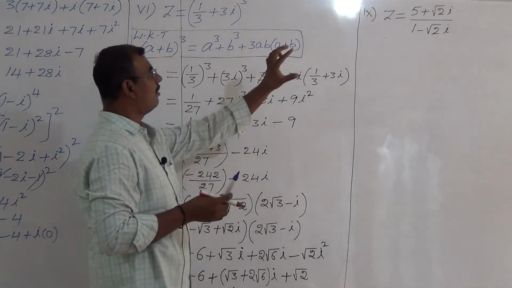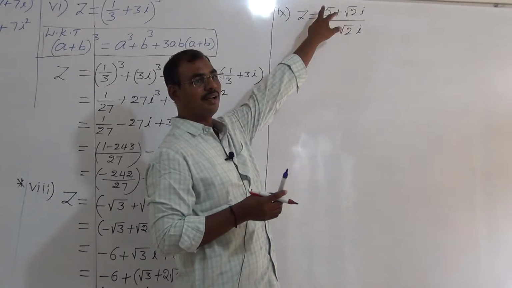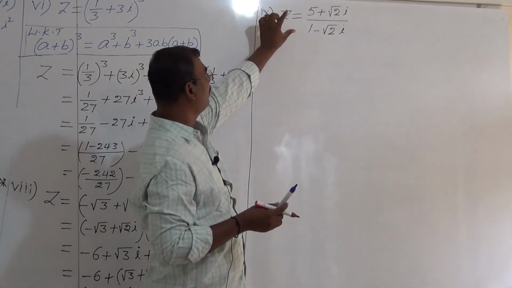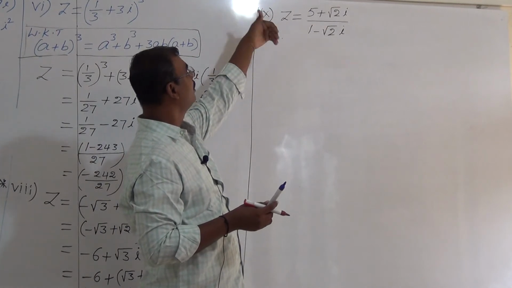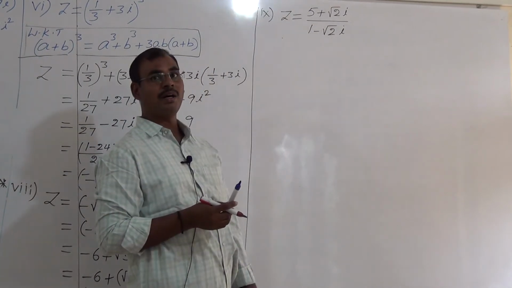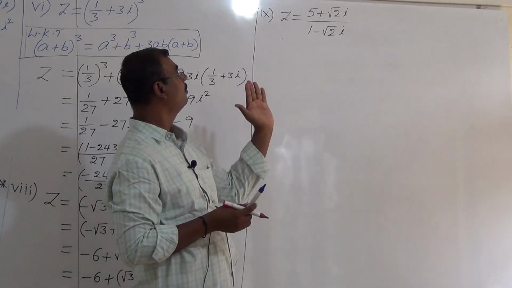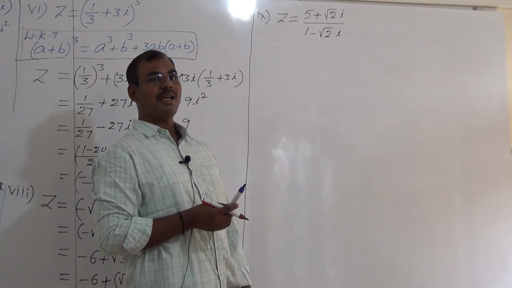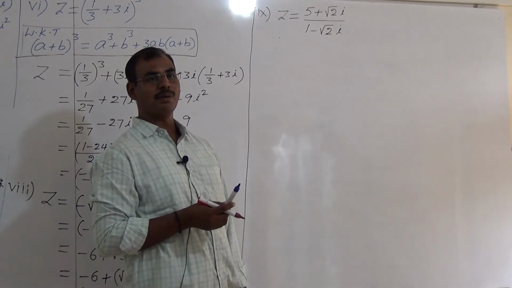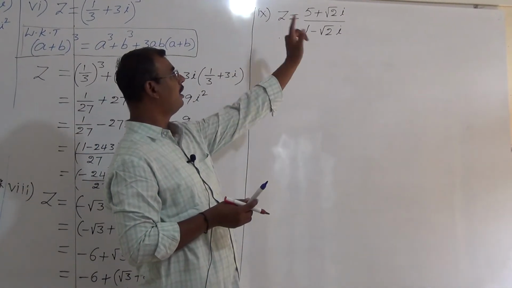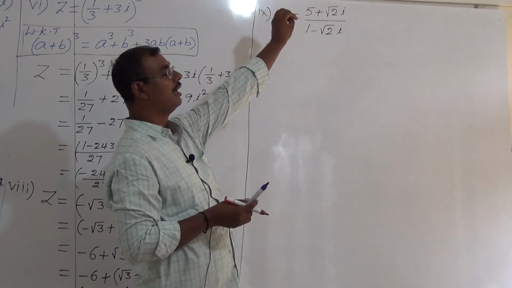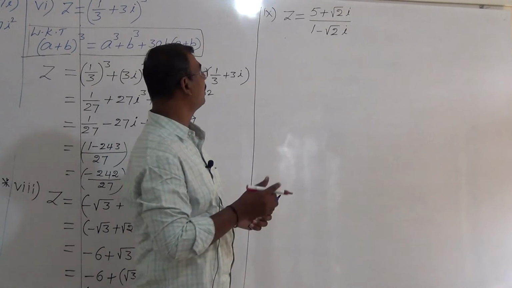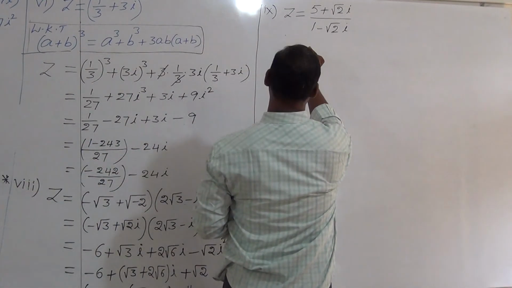So this is actually called the division method. In the last class I explained the division method. In the last video we saw how to solve it. So to make it in the form of a plus iota b, what to do? We have to apply the rationalization method. So remember all of you, to write in the form of a plus iota b, apply the rationalization method. It is a very, very important method. So how to rationalize that?